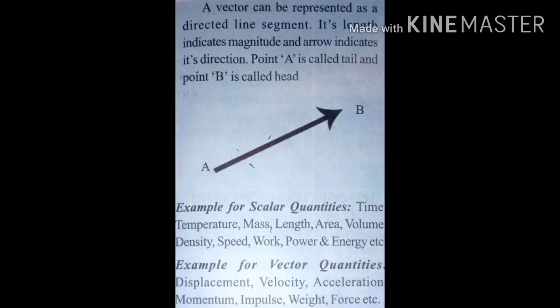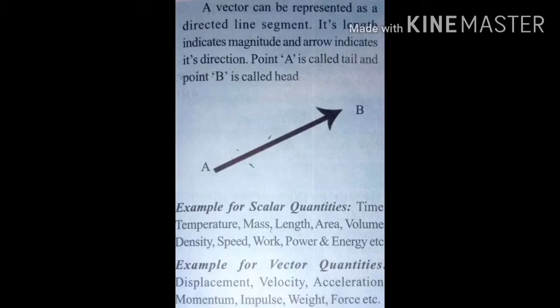Examples for scalar quantities: time, temperature, mass, length, area, volume, density, speed, work, power and energy, etc. Examples for vector quantities: displacement, velocity, acceleration, momentum, impulse, weight and force, etc.